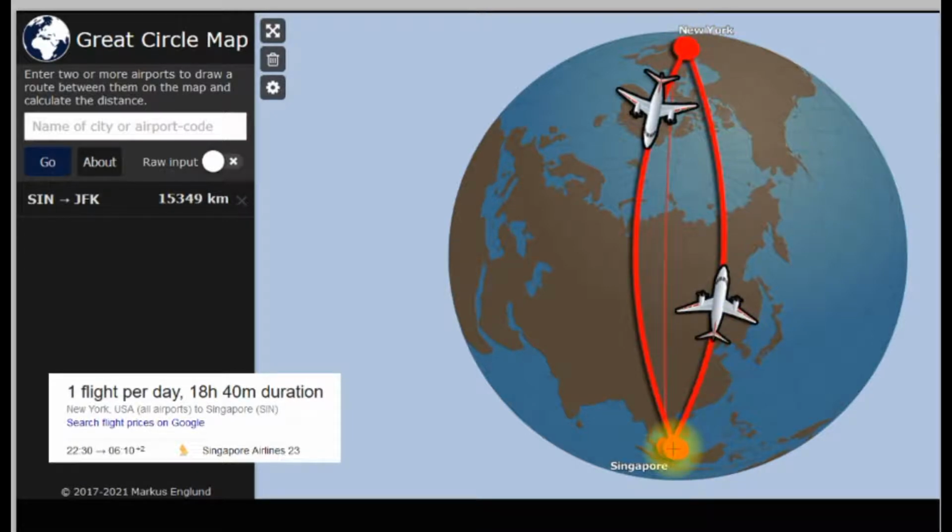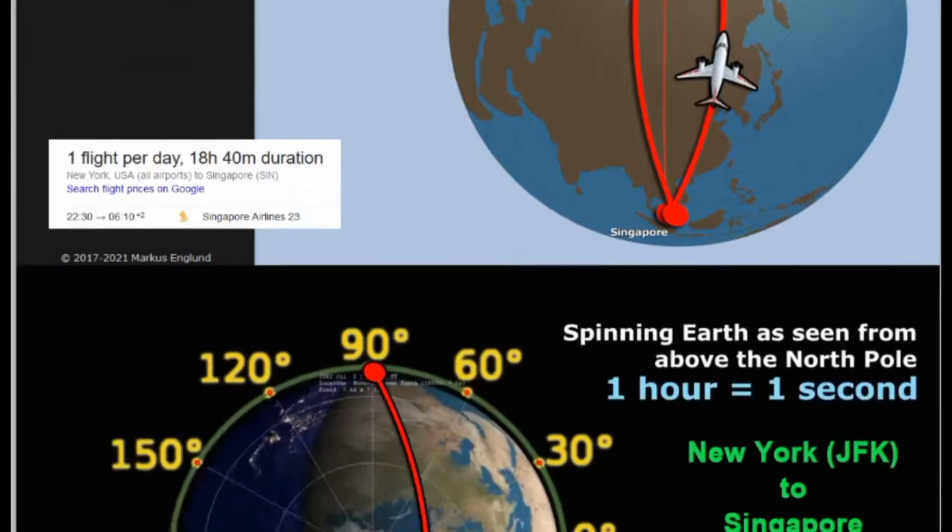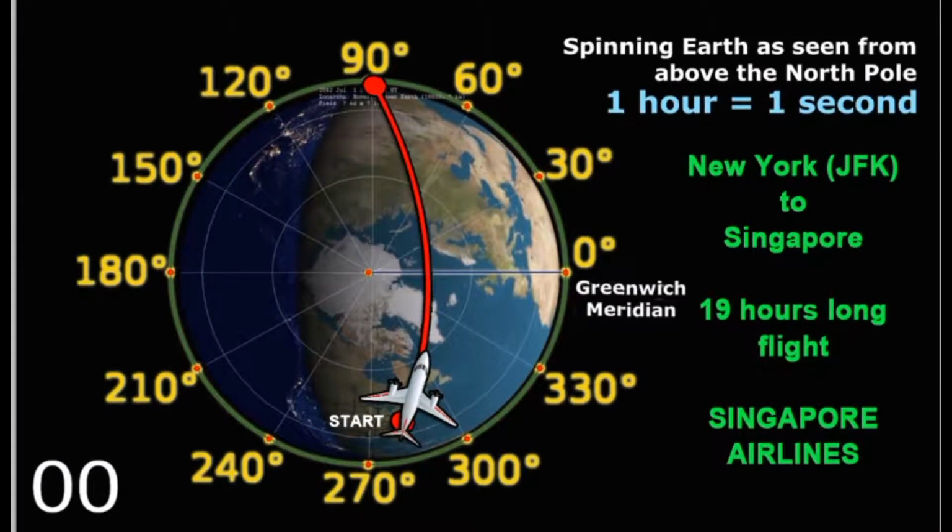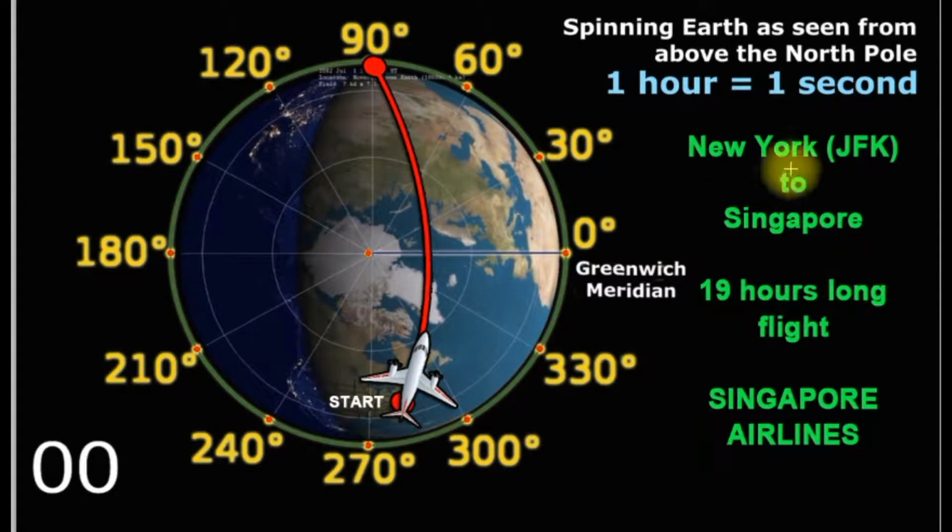And the funny thing is, this flight, when going from Singapore to New York, flies west of the North Pole, and when coming back from New York to Singapore, it flies east of the North Pole. The reason is that there is a jet stream right here.